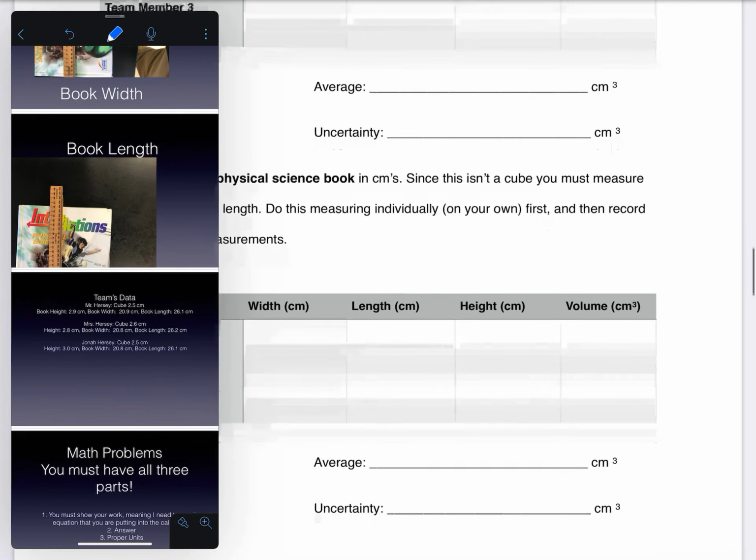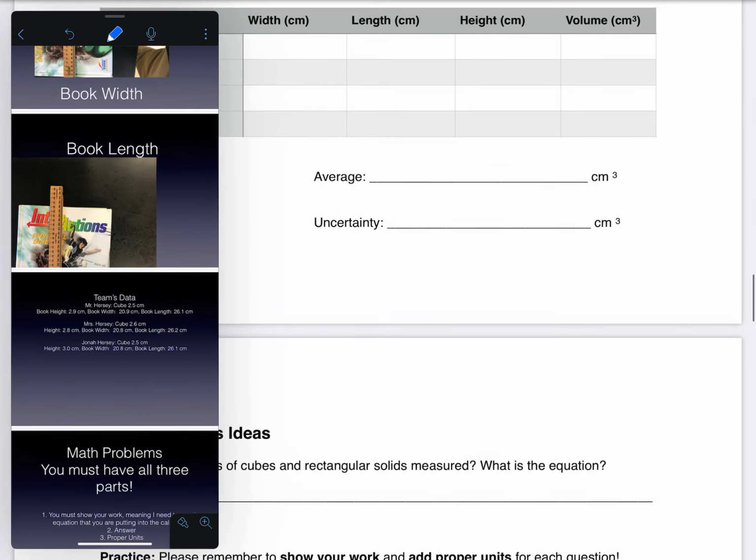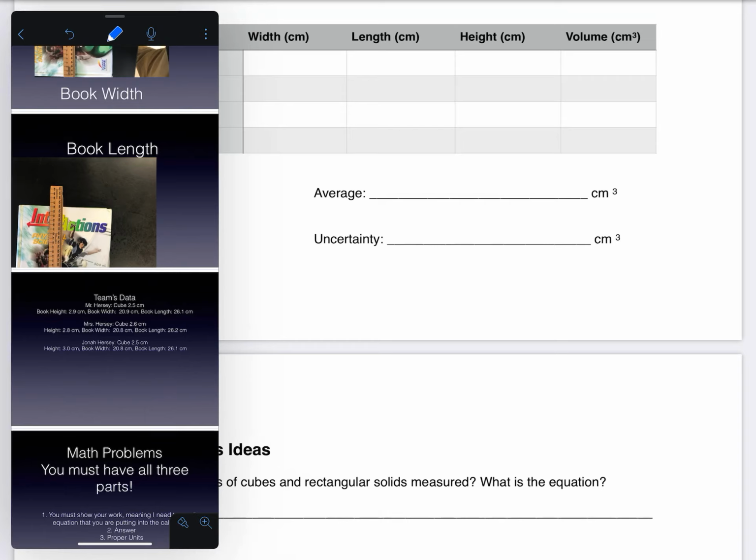Again, we're looking for average and uncertainty. And you notice the average says centimeters cubed. Anytime you have length times width times height, you're cubing your answer. If this were area, it would be centimeters squared, because you're just doing length times width.